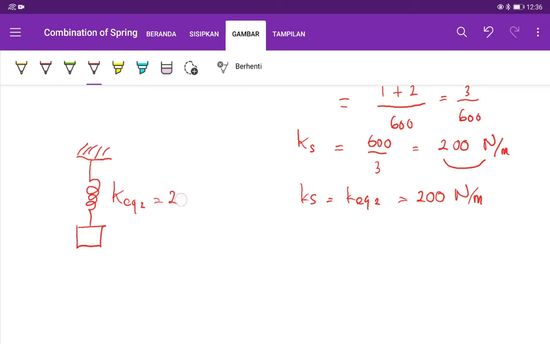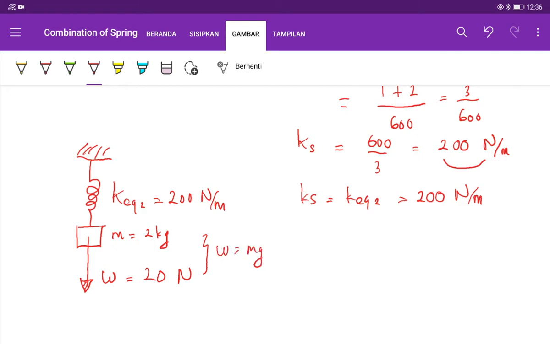Here 200 Newton per meter, and there is a weight acting on the object, which is the force here. The mass of the object is 2 kilograms, and obviously the weight of the object is 20 Newton, since we know that the weight is mass times gravity.